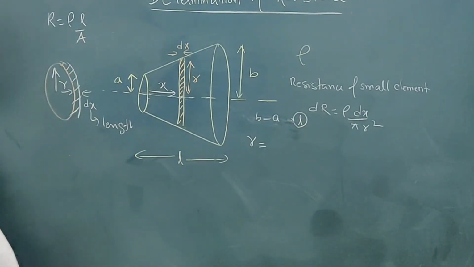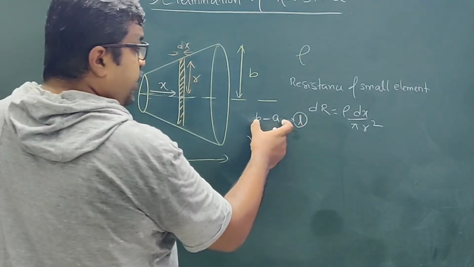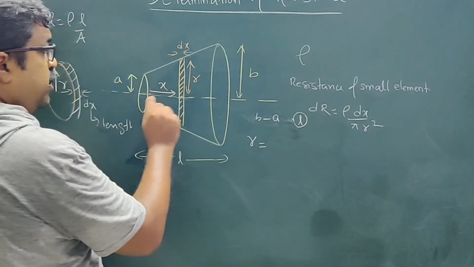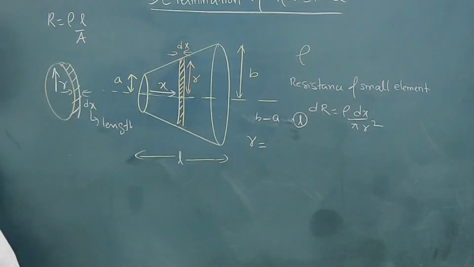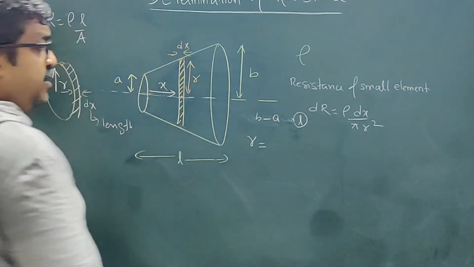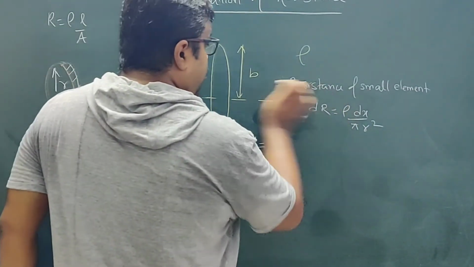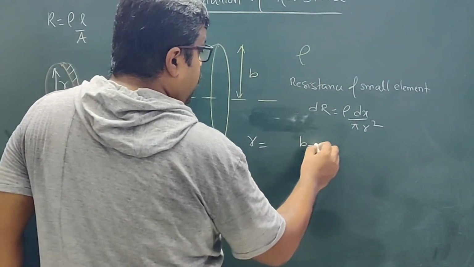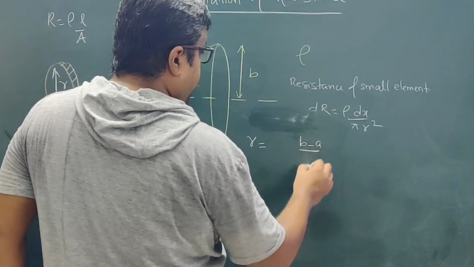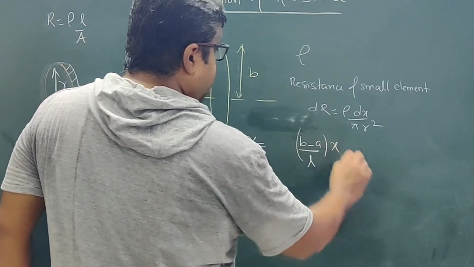B minus A is the increase in radius when you move through a distance L. So when you move through a distance x, what will be the increase in radius? It will be (B minus A) by L into x.